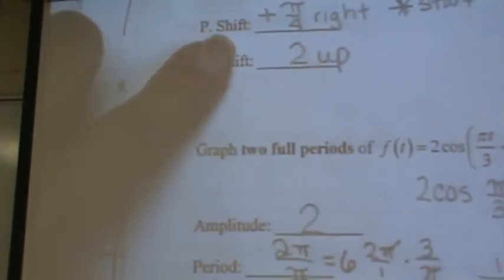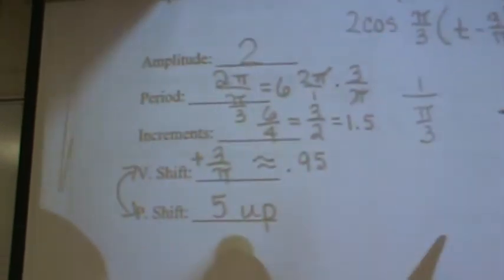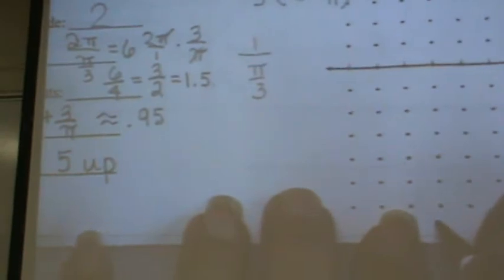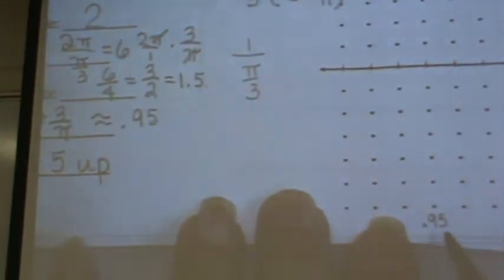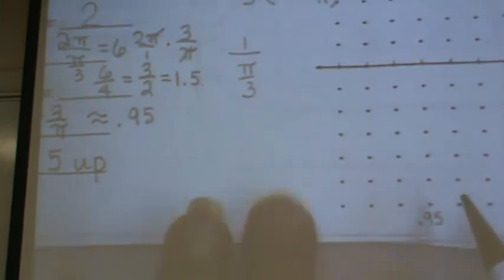So I accidentally typed this different than here. Usually I do phase shift first and then vertical shift. So what you're gonna do is start at 0.95. If you added 1.5 to that, what's your next number?